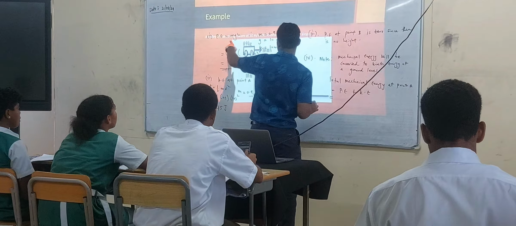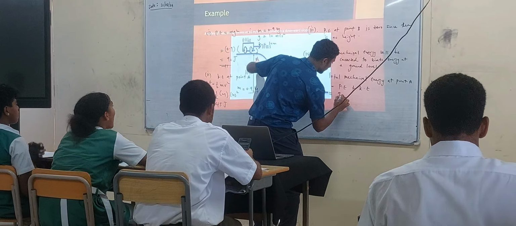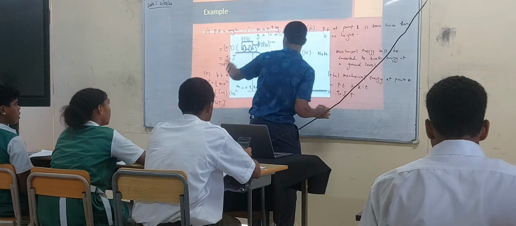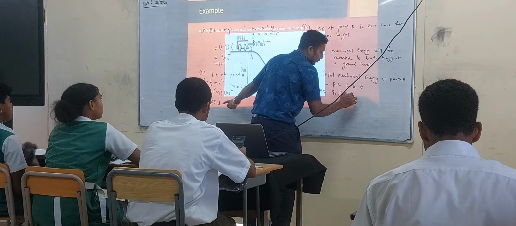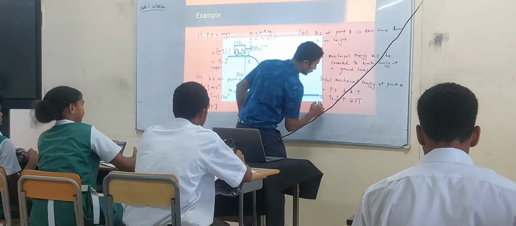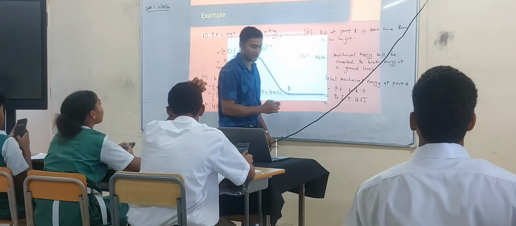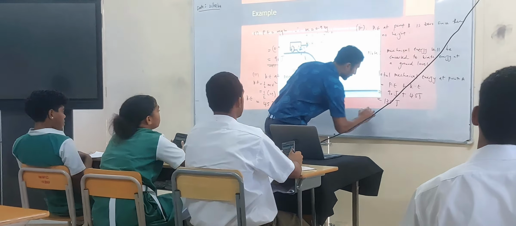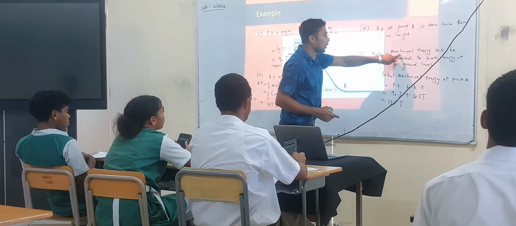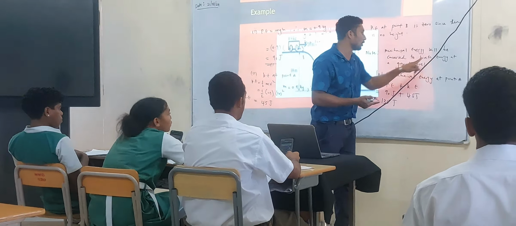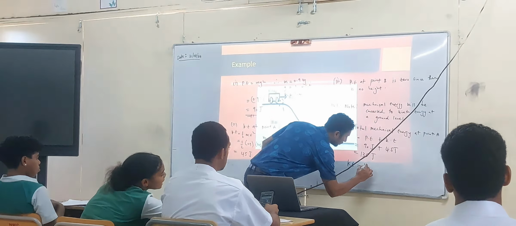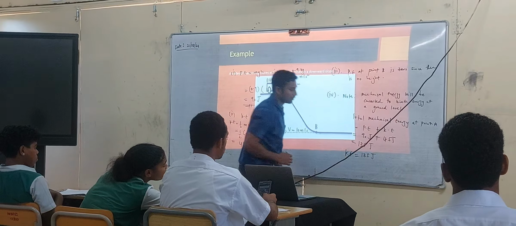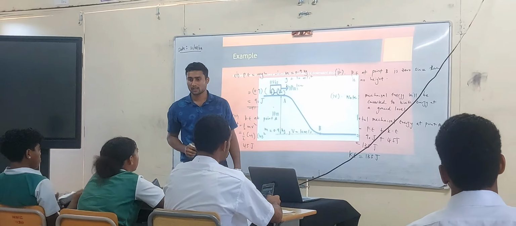Potential energy in part 1 was 90 joules, plus kinetic energy in part 2 was 45 joules. What is the total? 135 joules. So since the mechanical energy will be converted to kinetic energy at ground level, the kinetic energy equals 135 joules. Very good. Got it now?